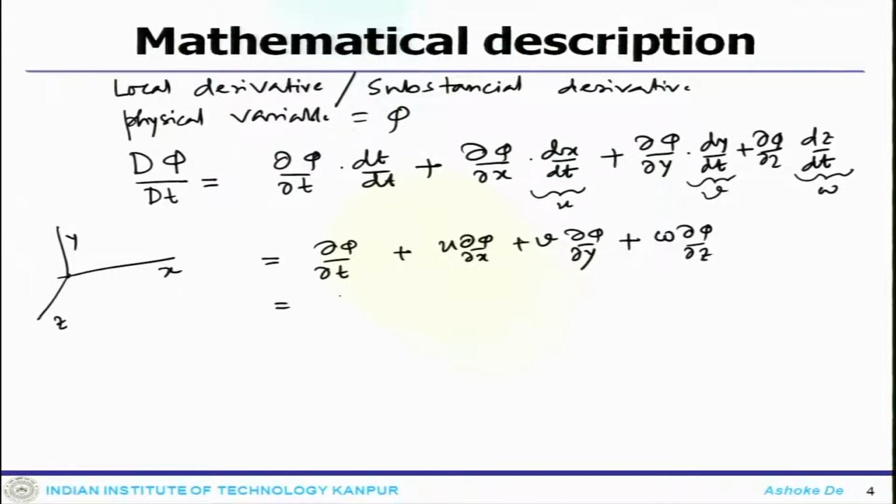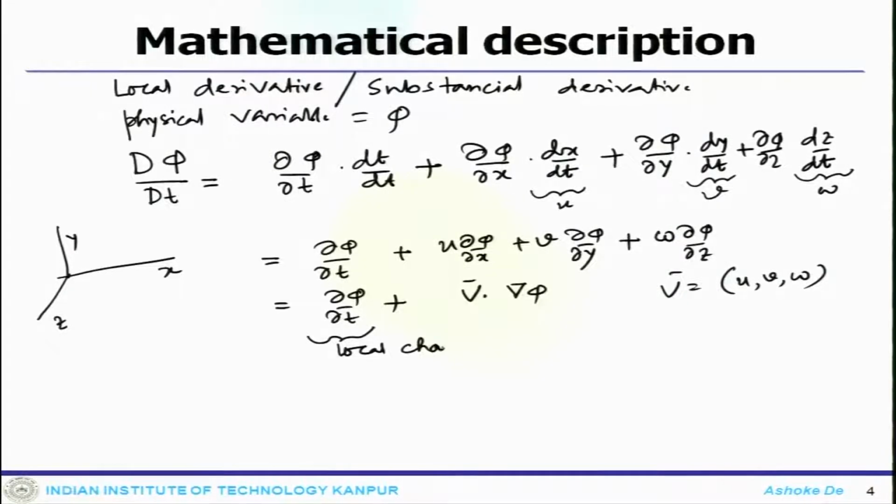In another way, I can write del phi by del t plus v dot del phi, where v is a vector, which is nothing but your u, v, w. So, this is my unsteady term, or local change, and this is my convective change.